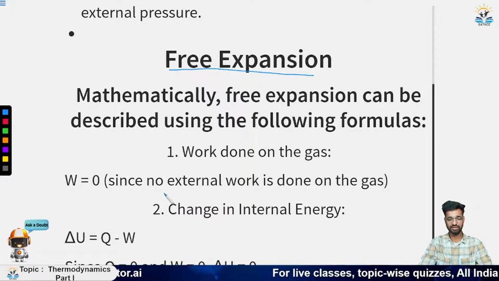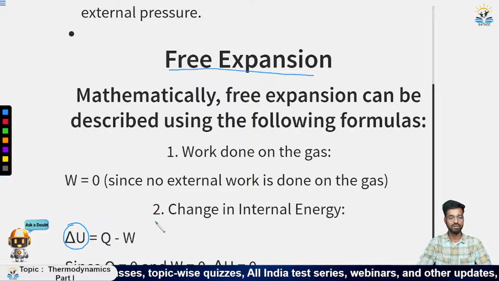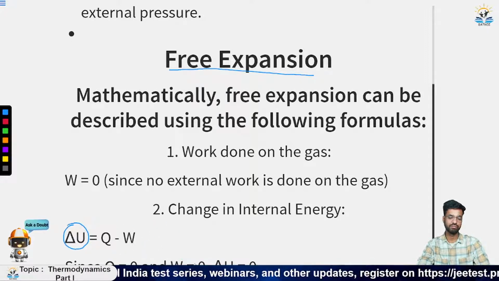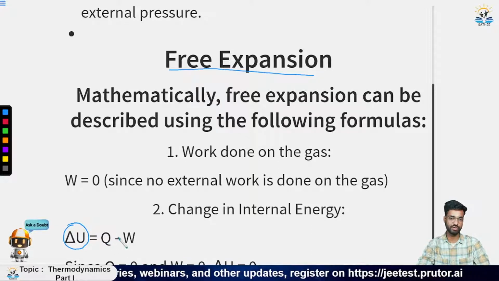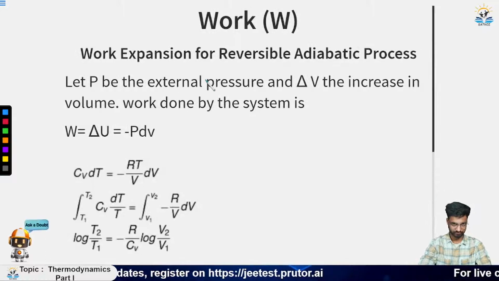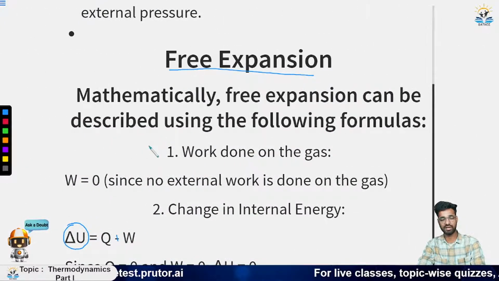You will later see why this delta U will be zero, so I will define it later with a different formula. Since the change in temperature is zero, delta U is also zero, and we have the formula delta U is equal to Q plus W, and therefore we will see this. Okay, so I will make this free expansion more clear in a later section.